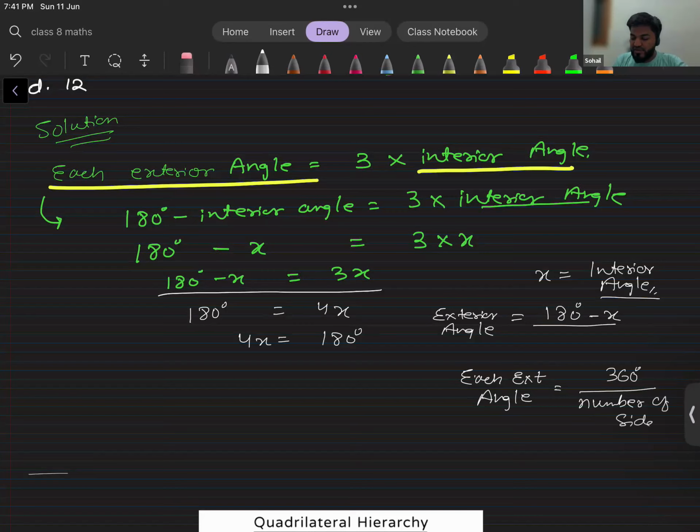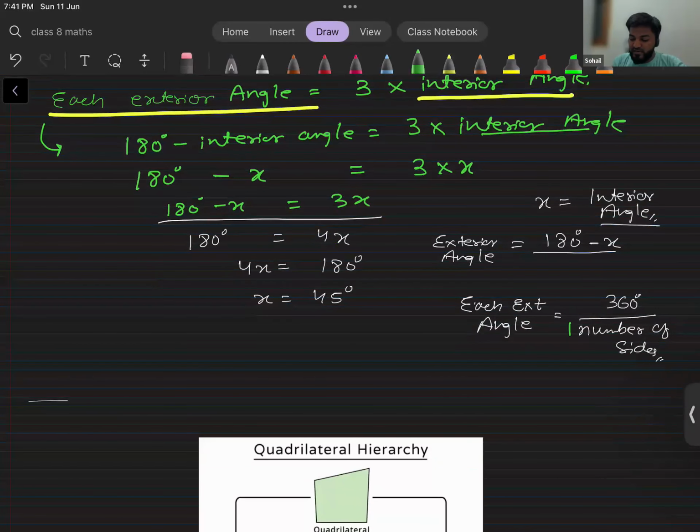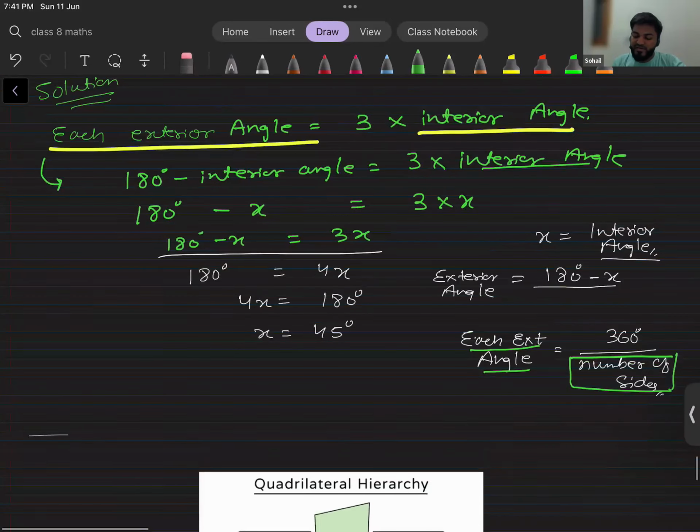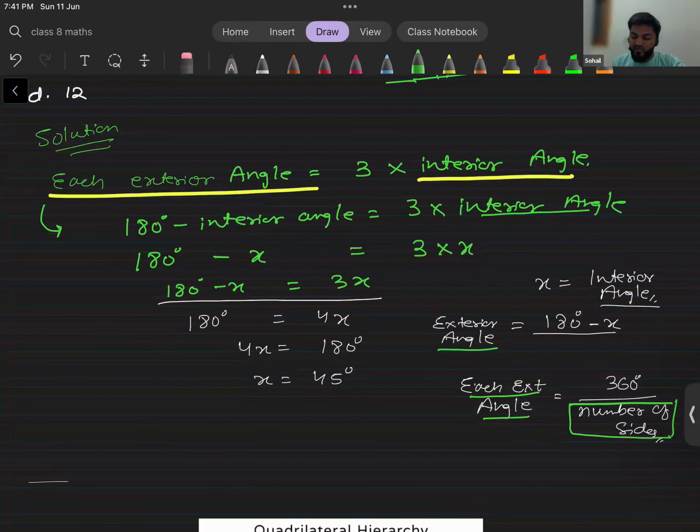Once you have found the value of x, x here is 45 degrees. Now follow the next steps. Here we need to find the number of sides of the polygon. The formula is each exterior angle equals 360 degrees upon number of sides of the polygon. So just find the exterior angle now. What is the exterior angle of that polygon? 180 minus x.